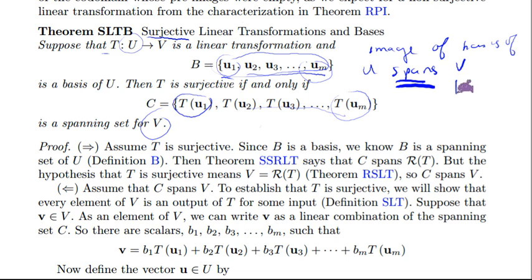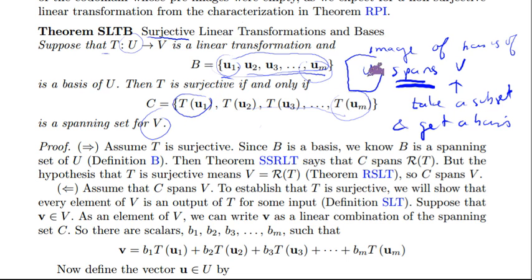It means that we can take a subset and get a basis. So that means that the number of vectors in the basis of V must be less than or equal to the number of vectors in the basis of U, because I can take a basis of U, get a spanning set, throw out some of those vectors, and get a basis.